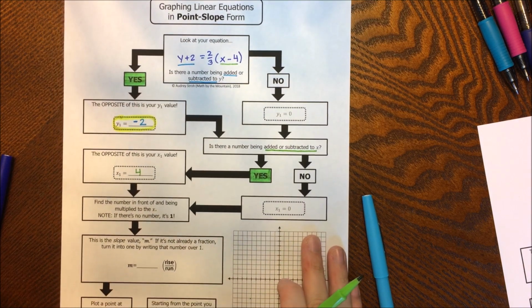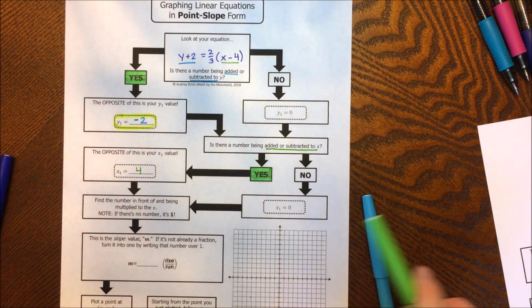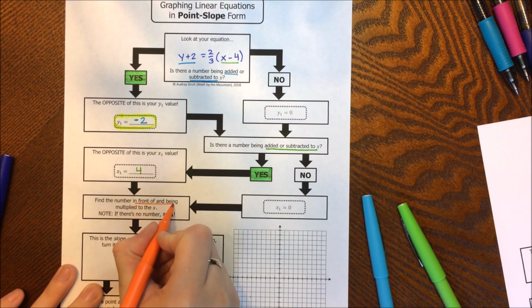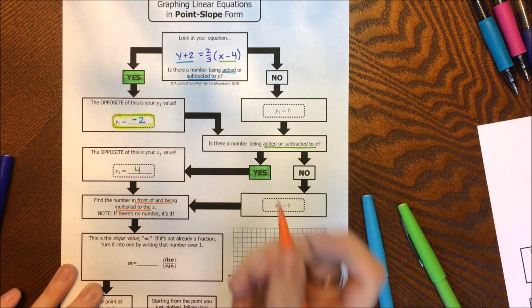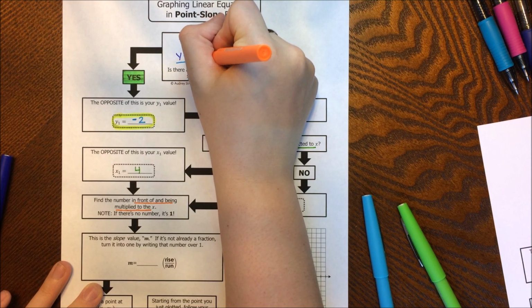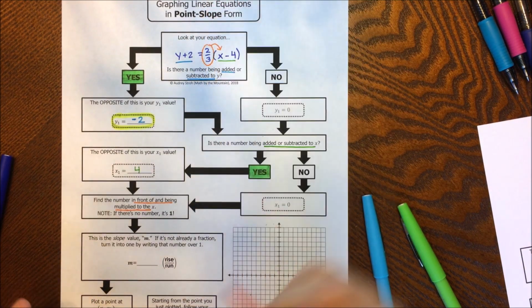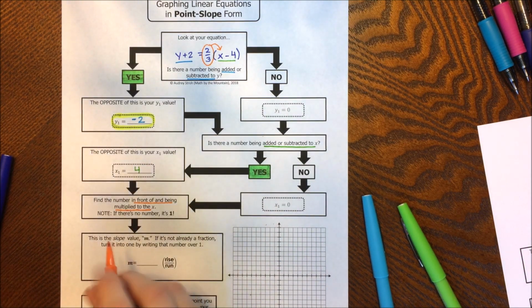All right, the next part asks us to find the number in front of and being multiplied to the x. I see that up top as a 2/3, right? Because it would get distributed to the x if we were to multiply it through. So it says this is your slope value, which we call m.